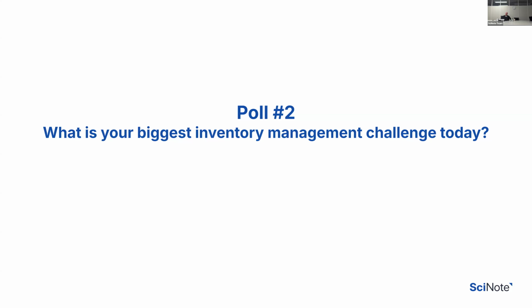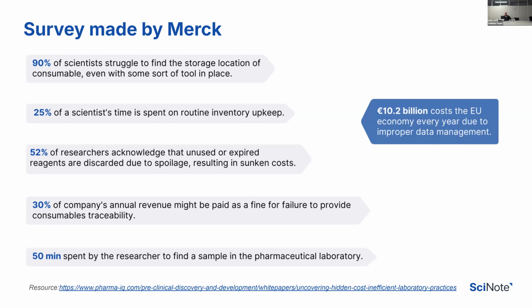The next slide is about research that was done by Merck on inventories and lab management. There is some data there that I found very interesting when preparing for this specific webinar. Among the survey respondents, 90% of scientists struggle to find the storage location of consumables, even if they have some sort of tool in place.